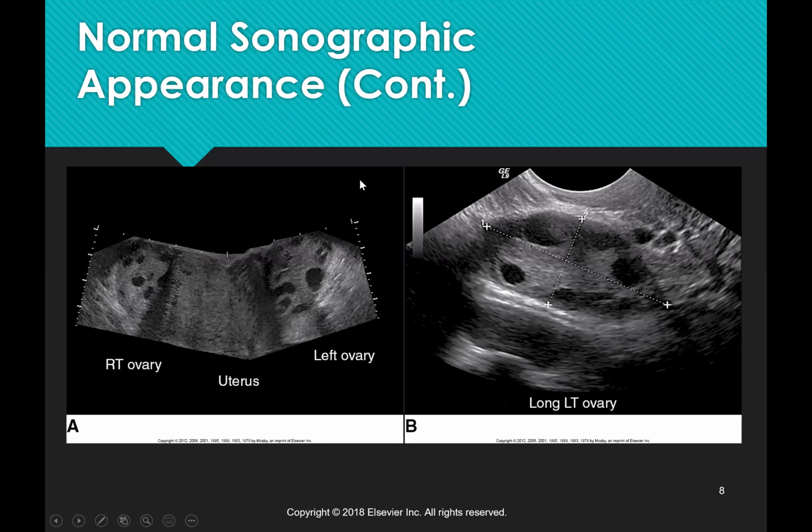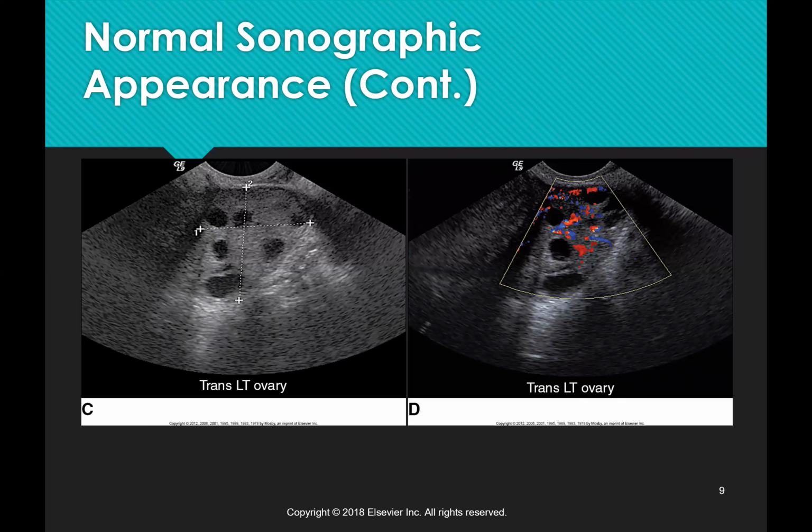Here is an image of 2 ovaries in the uterus. These ovaries are pretty close to the uterus, so those would be pretty easy to see. This is another ovary, a really nice ovary. Transvaginally, they're so much easier to see than transabdominally. Here's another picture, and you can see this vascular flow.